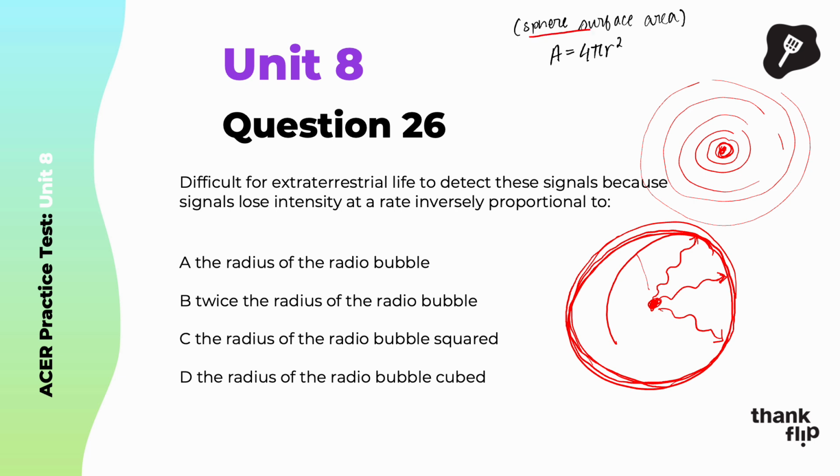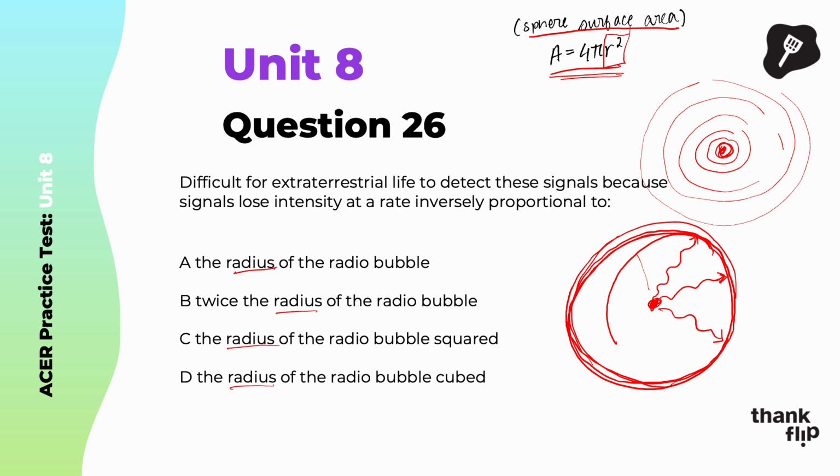And that's why I have this formula up here. So the surface area of a sphere is calculated by taking 4 pi r squared. And now we're not looking for a specific value, so we don't need to actually use this for anything, but we're looking for the intensity in proportion to the radius. Okay, so either the radius, twice the radius squared, or the radius cubed. And so we see here that in our formula, we have to use radius squared.